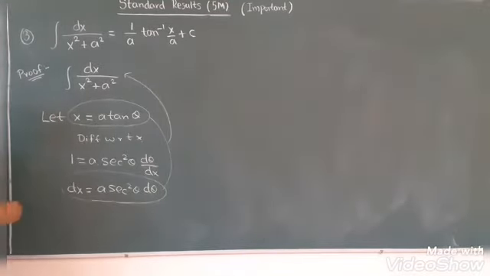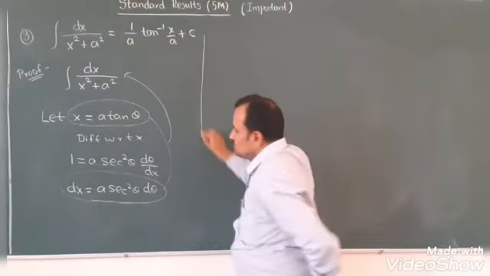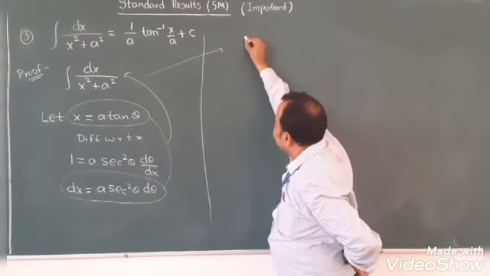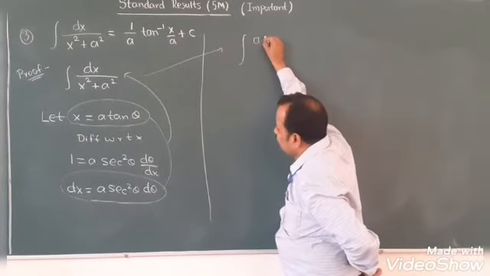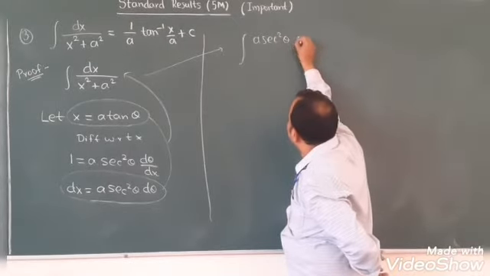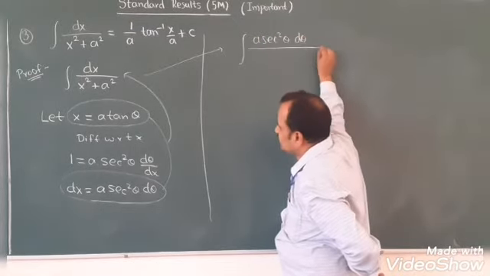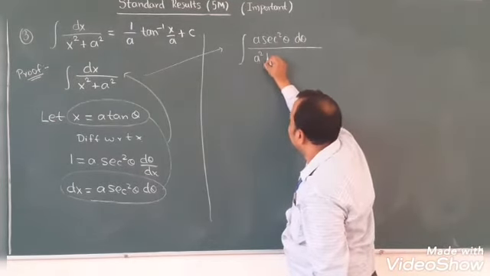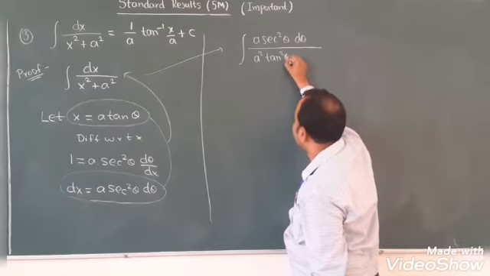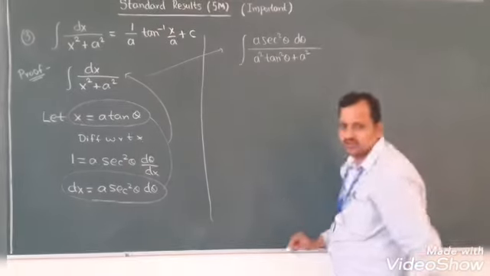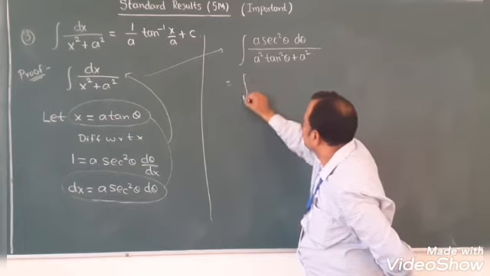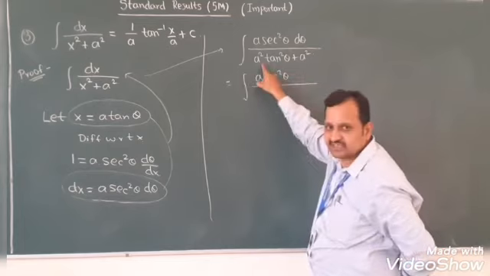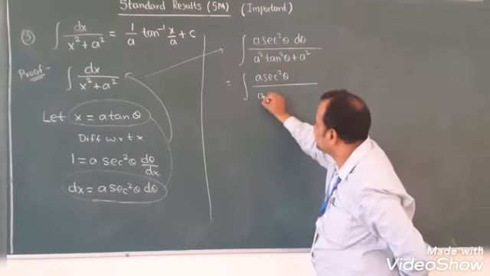So what you will get here is, dx is nothing but a secant square theta d theta divided by x square. So what is x square? a square tan square theta plus a square, or this we can write as a secant square theta divided by a square, we can take a square common.